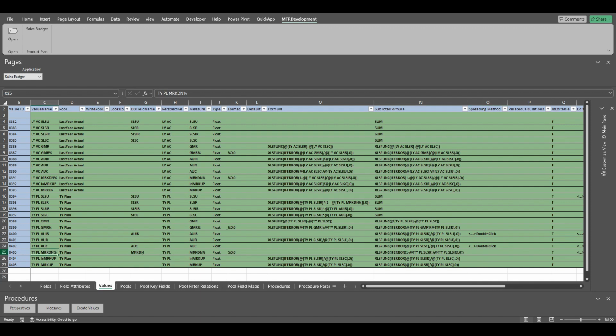And finally, markdown. This is also an editable value. When writing the spreading method for markdown, looking at which value is affected by markdown, we see that sales revenue is affected. Sales revenue is calculated from markdown. So I will write the spreading method for markdown using sales revenue.